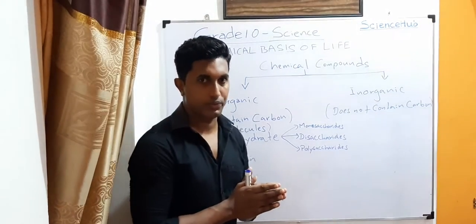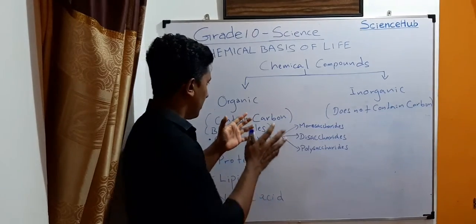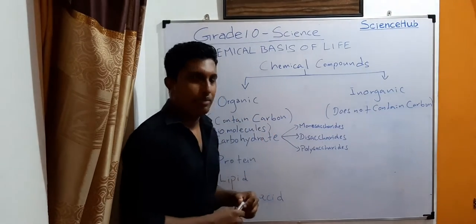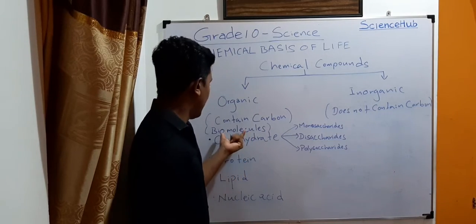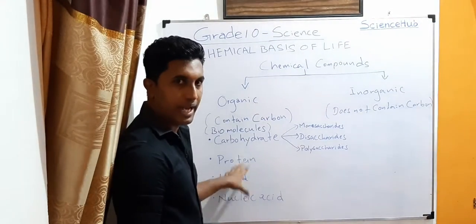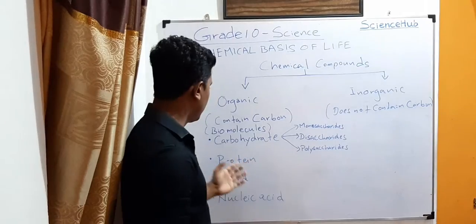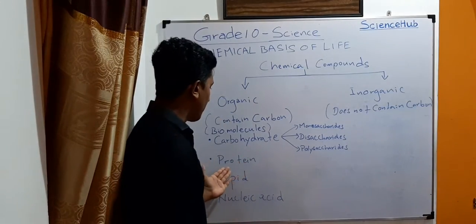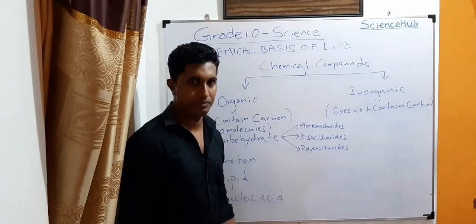Understand? I think you can understand this explanation. There are four subcategories of biomolecules: carbohydrates, proteins, lipids, and nucleic acids.